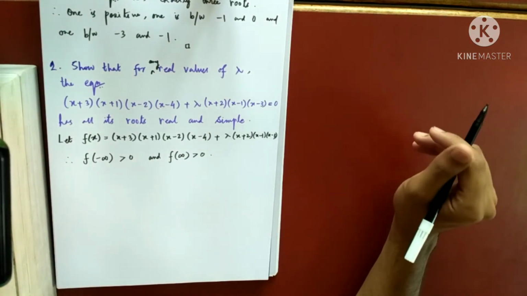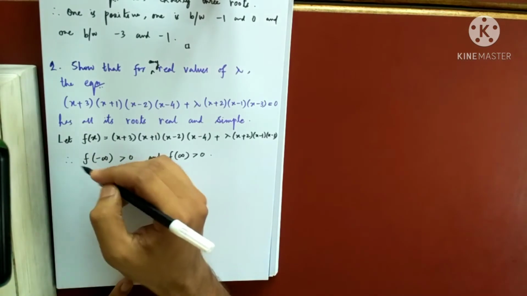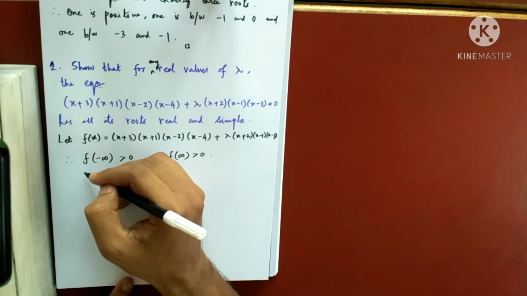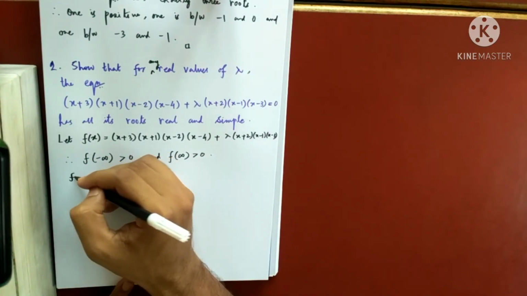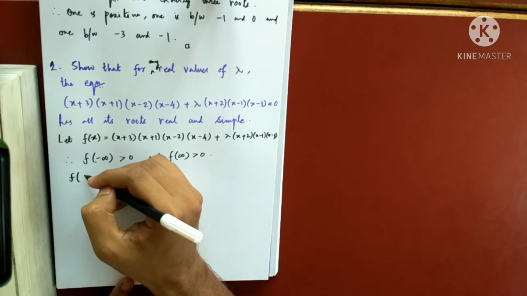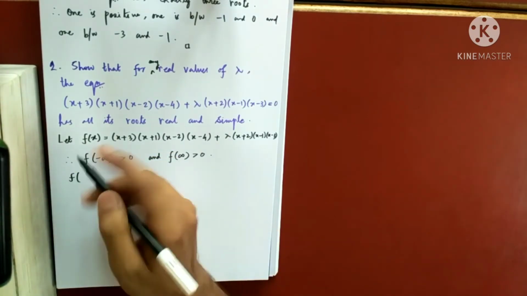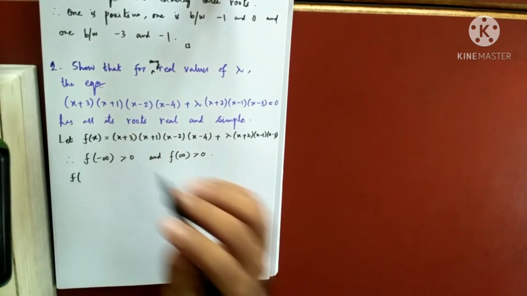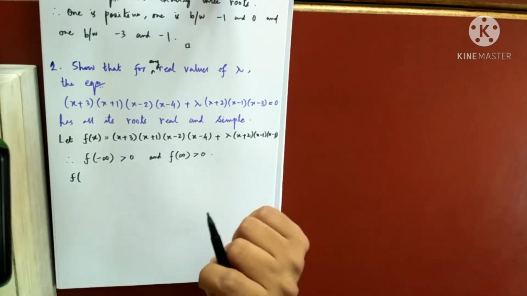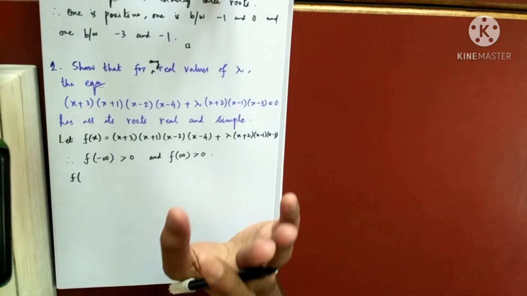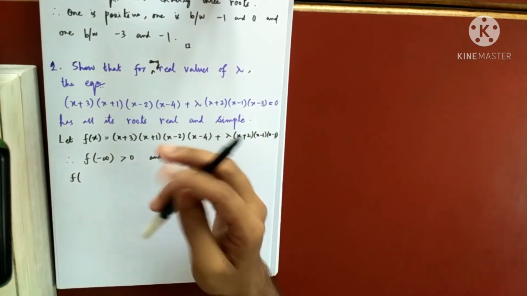Okay. Now I'll find f of some numbers. Suppose I can find f of 0, I can find anything. But I have to choose these numbers very wisely. Like for example, if I want to find f of 2, just try to understand.